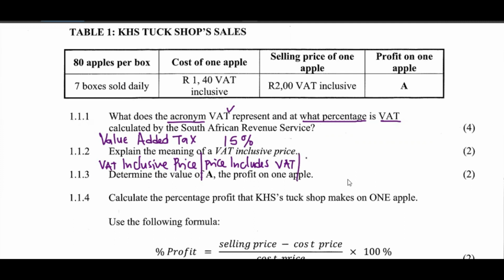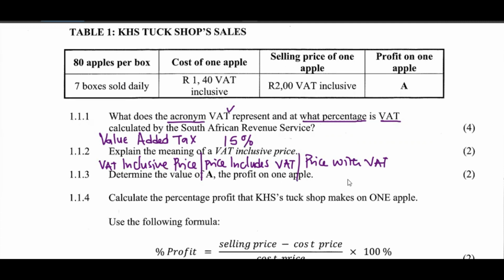Someone would also say the price with VAT. Or the price already has VAT. You understand? Inclusive. If it was exclusive, simply meaning the price has no VAT and we are expecting to add VAT.